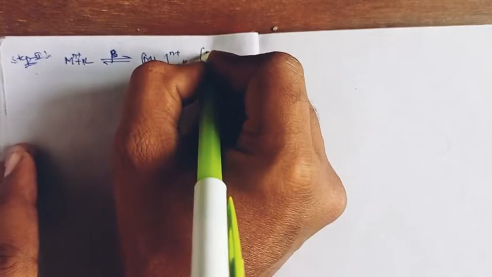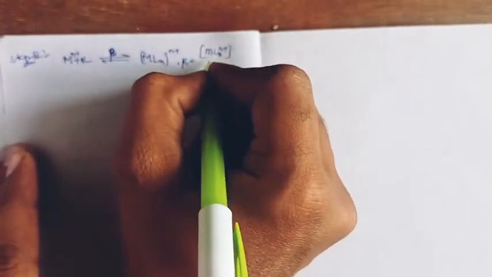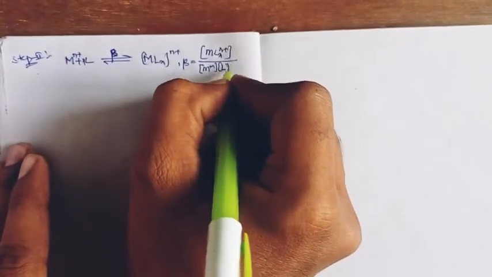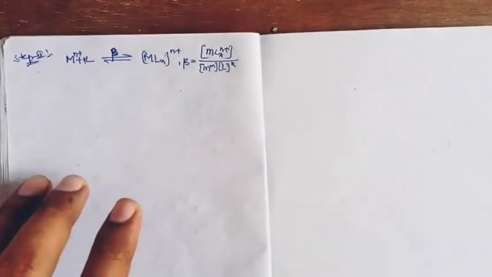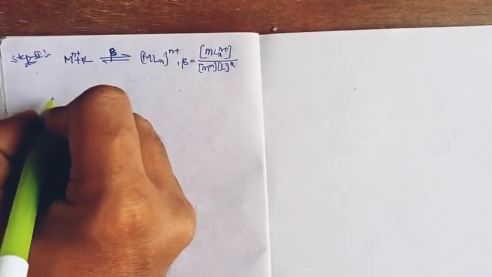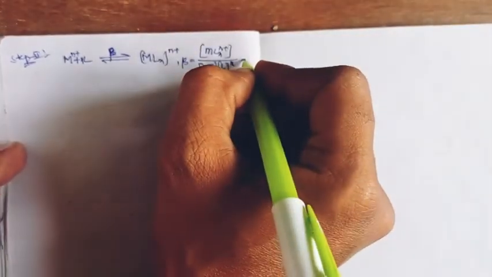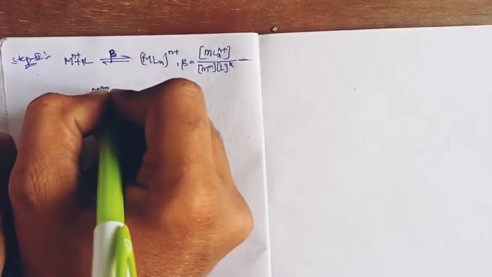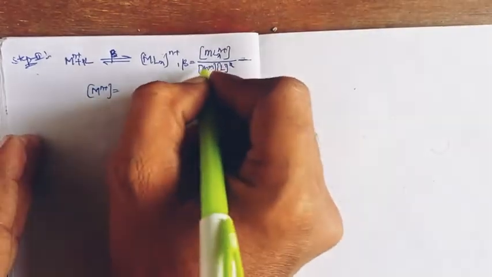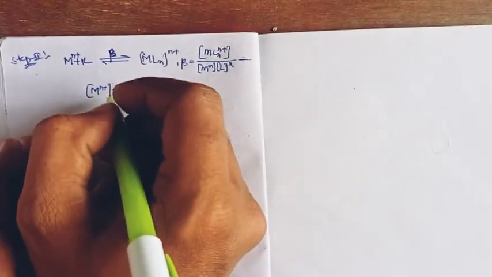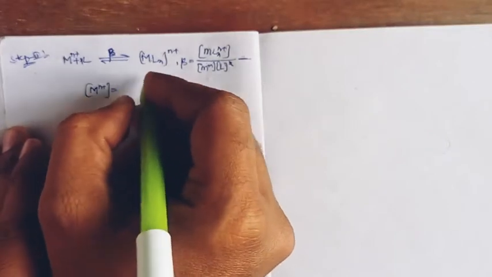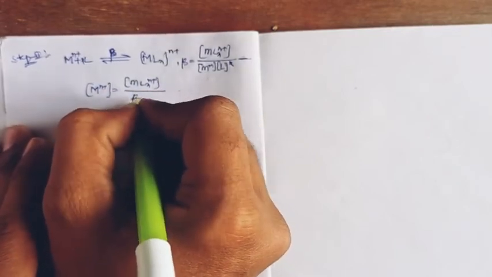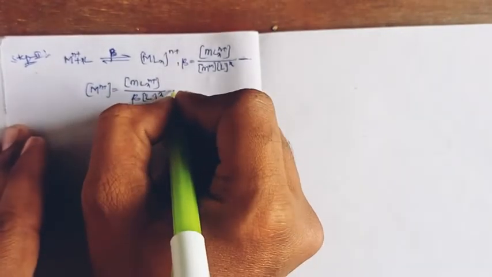In this, there is a stability constant. Beta is equal to the concentration of metal complex divided by the metal ion concentration multiplied by the ligand concentration to the power x. From this equation we write the metal ion concentration, which equals the metal complex concentration divided by beta into ligand concentration to the power x.